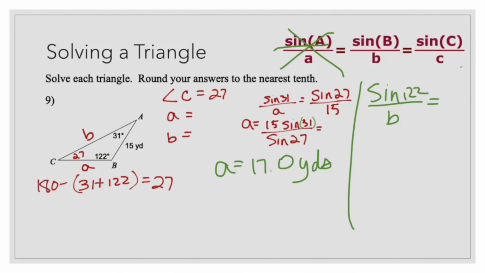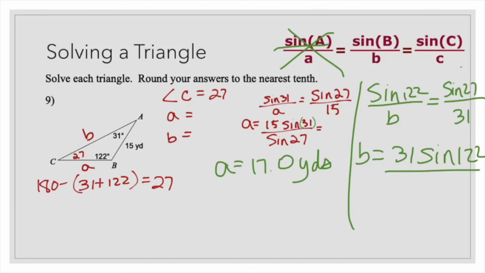So it'll be sine 27 over 31. I encourage you to use that fast method. We're going to multiply by this and divide by the one that's left. So B will equal 31 sine 122 over sine 27.